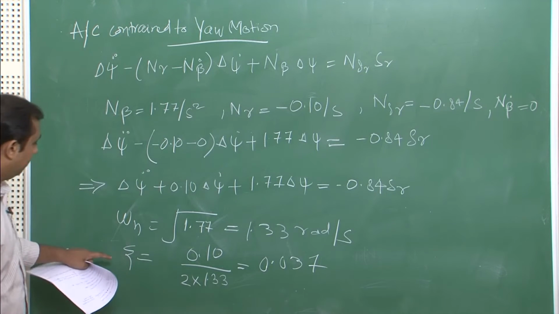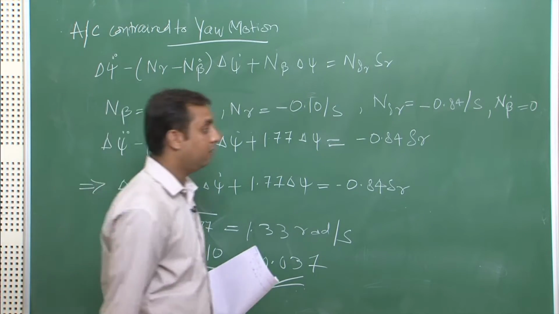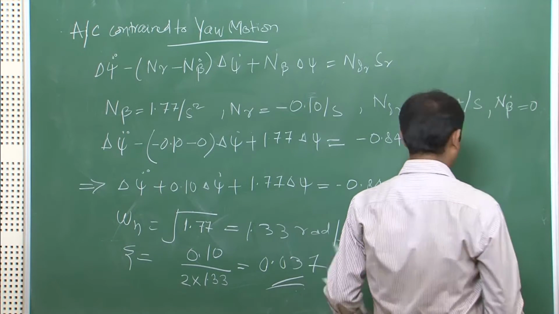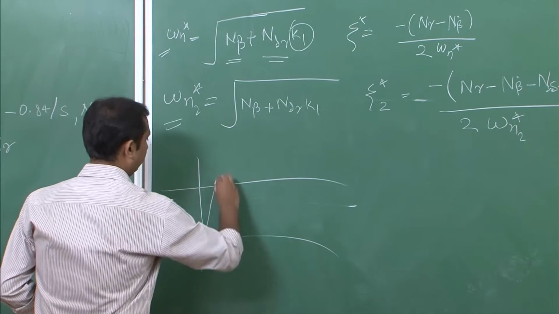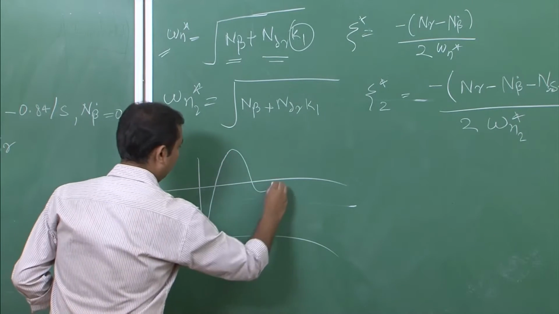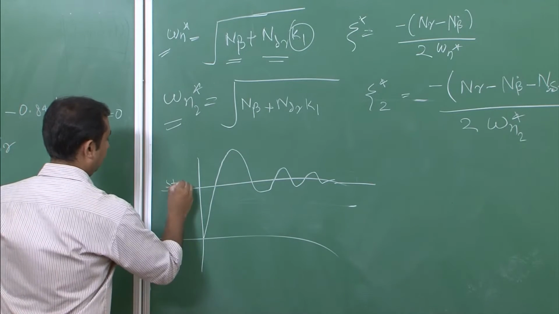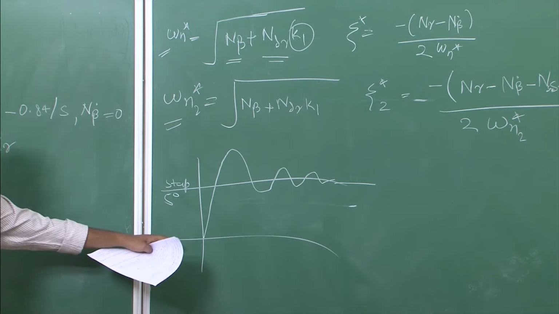Now, you can see the value of zeta is very small. So the nature of my graph will be, since it is a second order system, if I give it a step response, say about 5 degrees, there will be oscillations about this step input, and the response will be of this nature.